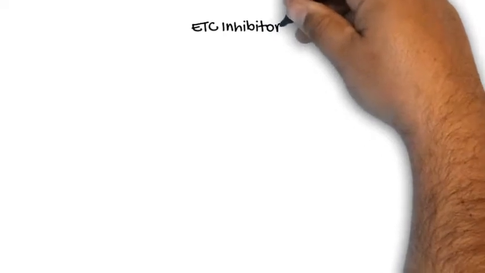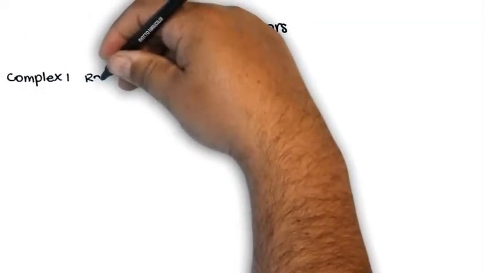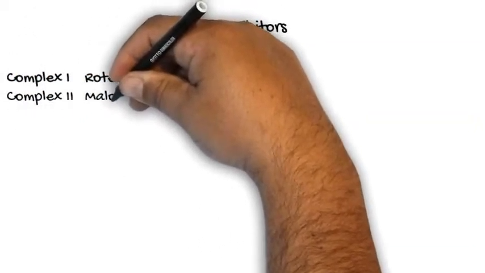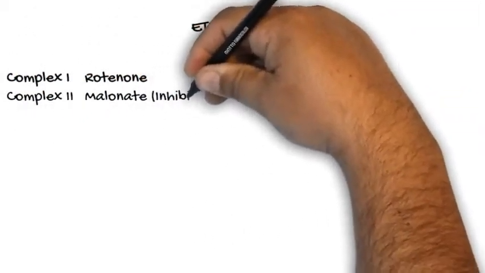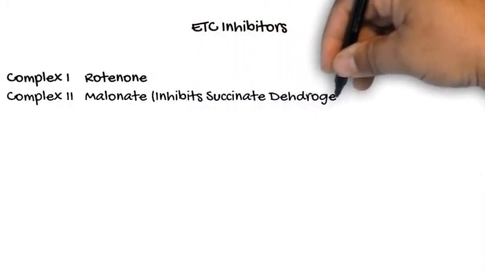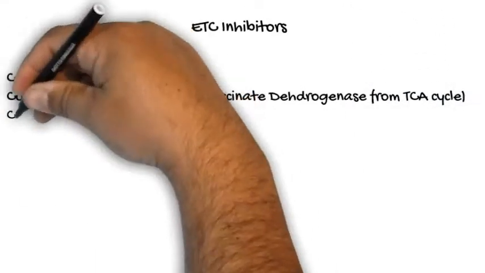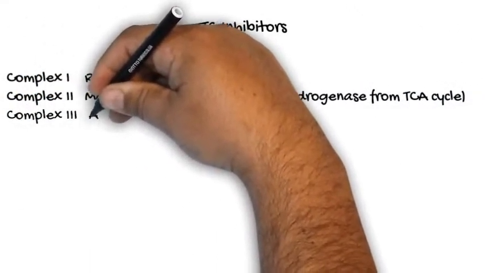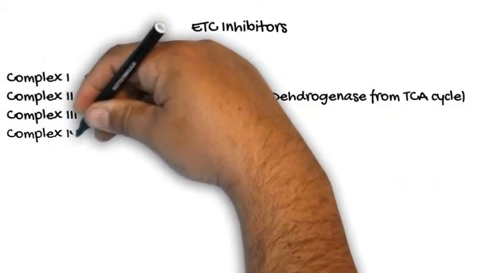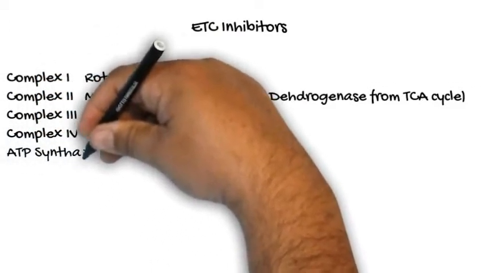But there are a number of agents which can inhibit the electron transport chain. For example, complex 1 is inhibited by rotenone. Complex 2 is inhibited by malonate, which inhibits succinate dehydrogenase, which, as I told you, is also the same enzyme in the TCA cycle. Okay? Complex 3 is antimycin, and complex 4 inhibitor is cyanide.